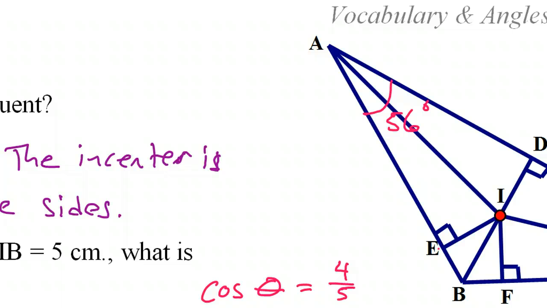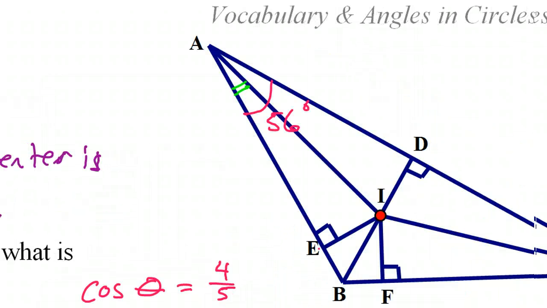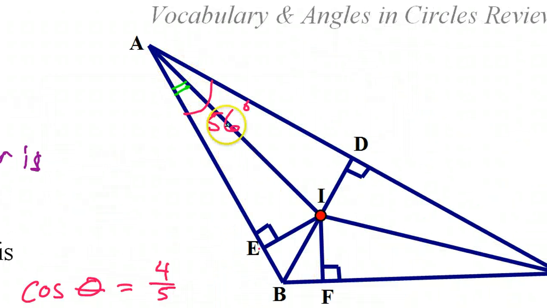EAI is this part of it. All right, EAI is just the green part. Now, an incenter is where the angle bisectors meet. So these are angle bisectors, which means that AI is dividing angle A into two congruent halves.